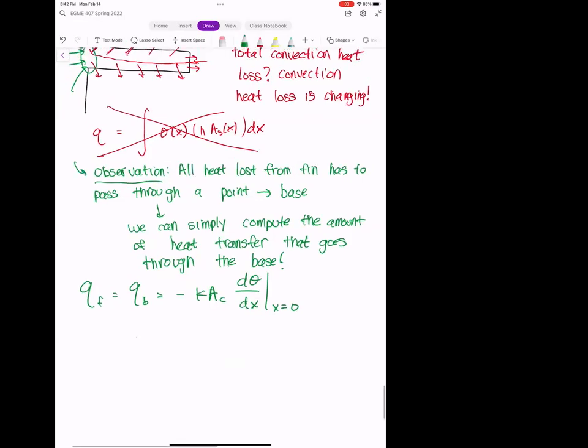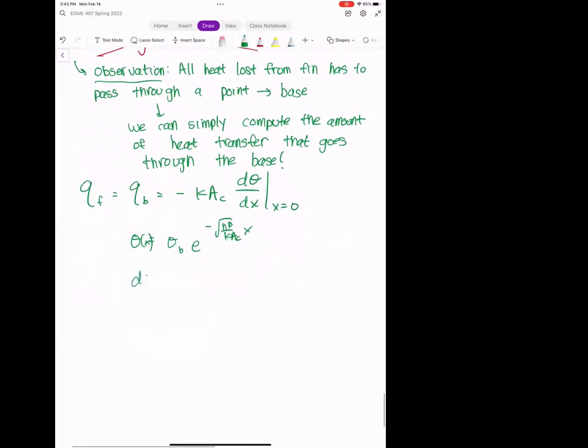And so remember, if our theta of x is equal to theta b multiplied by e to the minus square root of HP over KAC times x, if we take the derivative of this, d theta dx is equal to theta b, and the exponent comes out, so we have a minus square root of HP over KAC times e to the minus square root of HP over KAC multiplied by x, okay?